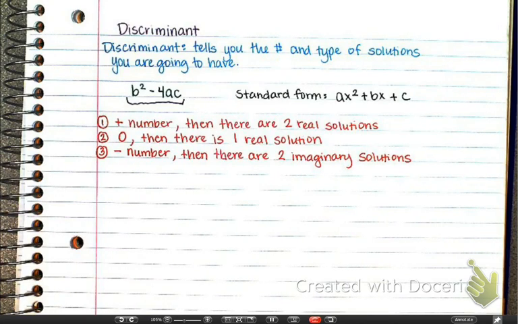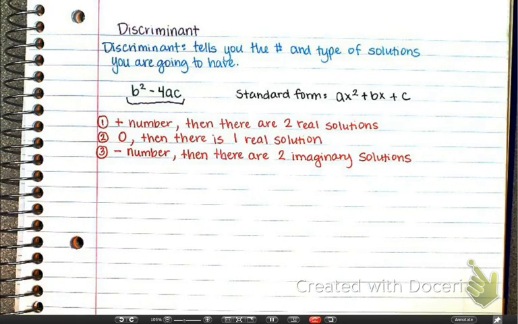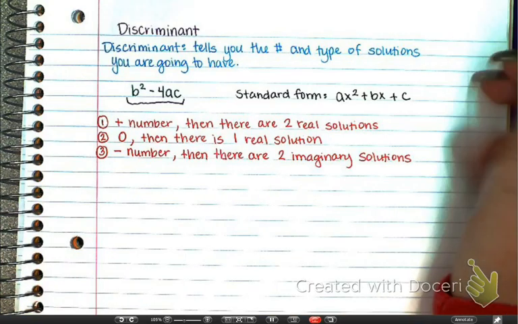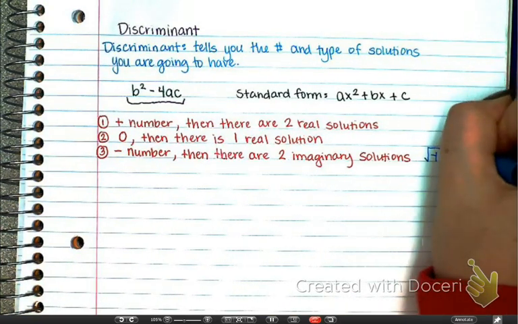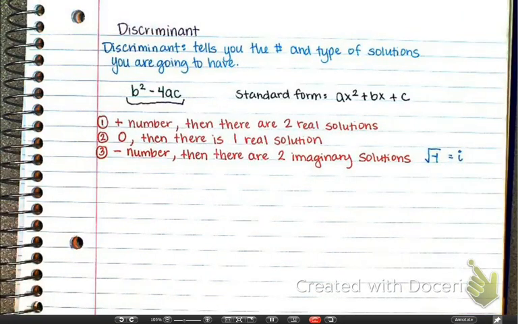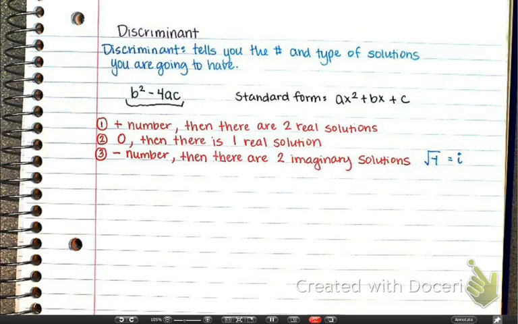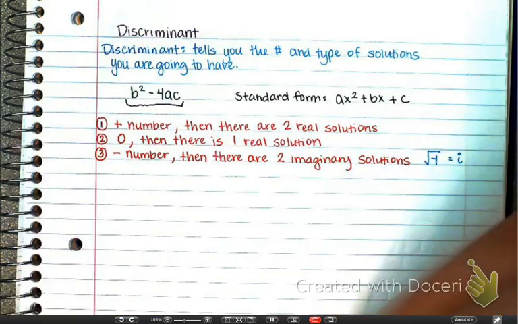Okay. And the reason it would be imaginary, let's just remind ourselves. Remember that if you take the square root of -1, that negative turns into an i, so the square root of any negative number means you're going to pull out an i. Okay? All right, so let's try a couple.